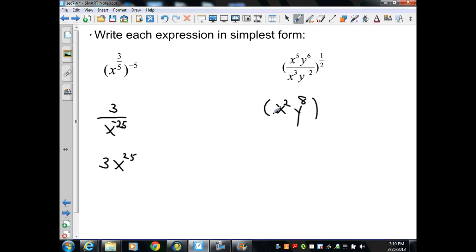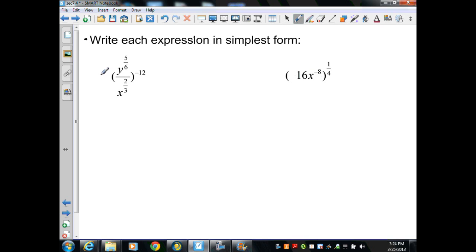And that is to the 1/2 power. I can rewrite that as a radical, which is the square root of x squared y to the 8th. And I can simplify. The square root of x squared is x. The square root of y to the 8th is y to the 4th.